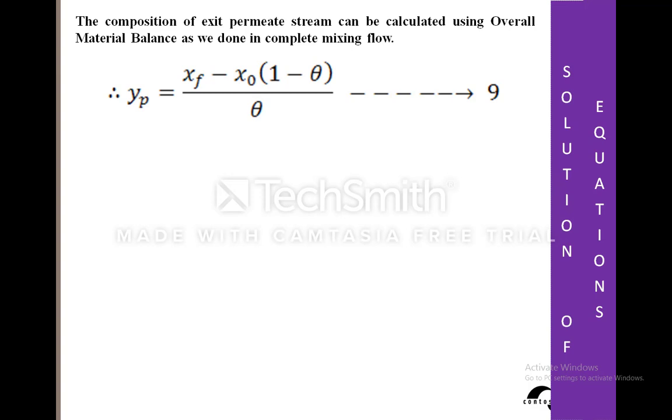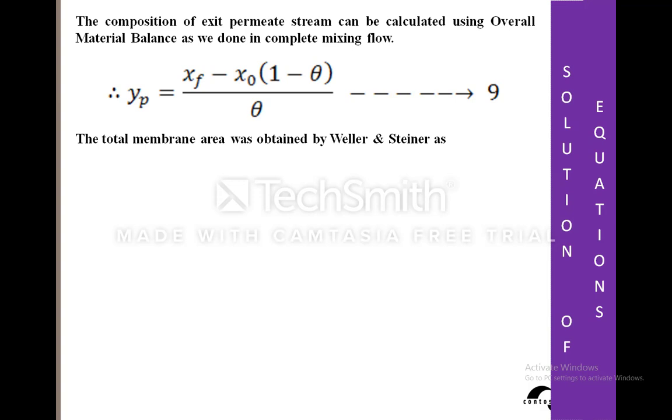So in the cross flow or the complete mixing, the inlet is your feed and your outlet is your residue plus permeate, or reject plus permeate. So that overall material balance will not change. So using that, we have calculated the exit permeate stream. Yp is equal to xs minus x naught into 1 minus theta by theta.